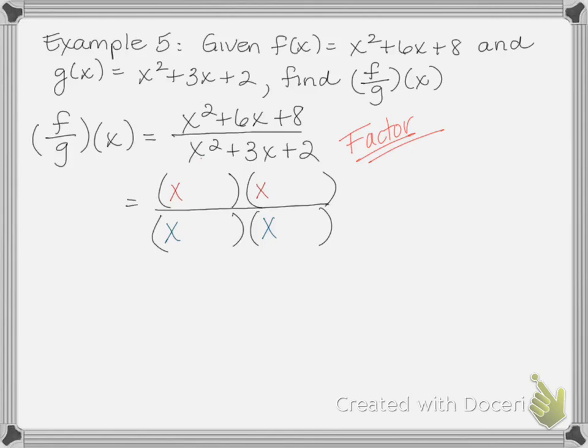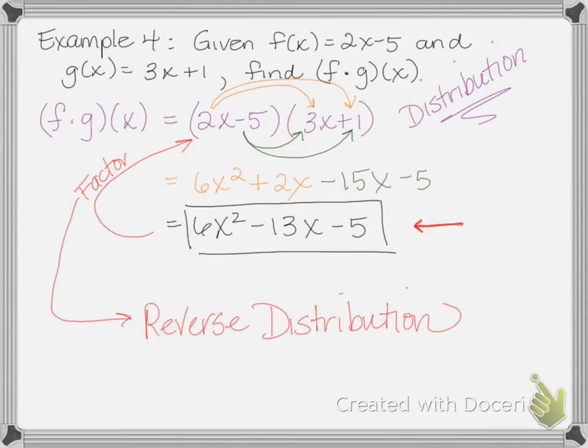Okay, so let's figure it out. I know that I have to be able to add two numbers to get a 6x, and I need to multiply two numbers to get an 8. Now you're probably saying, wait, how do you know that? How do I know that? Well, because going back to our previous problem, I've done this enough times to recognize that this number and this number added to get negative 13x.